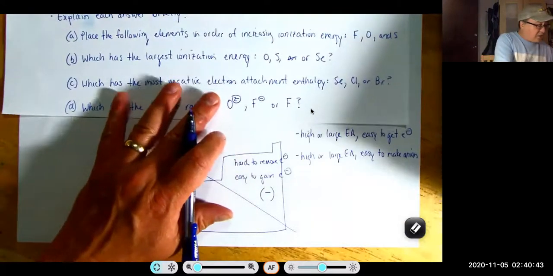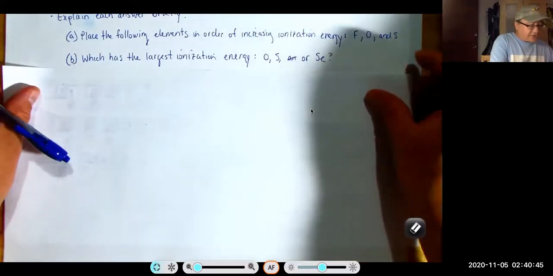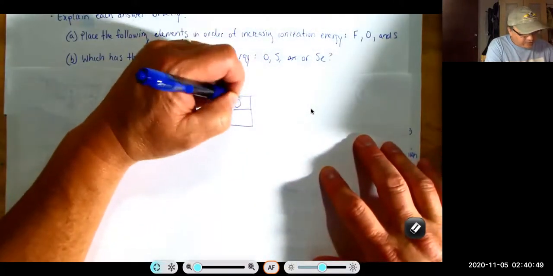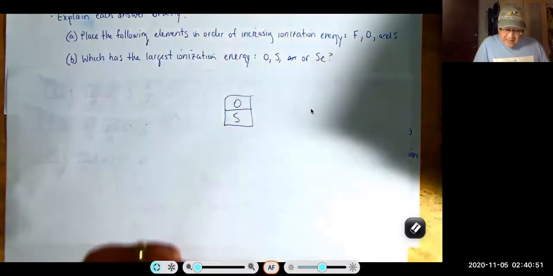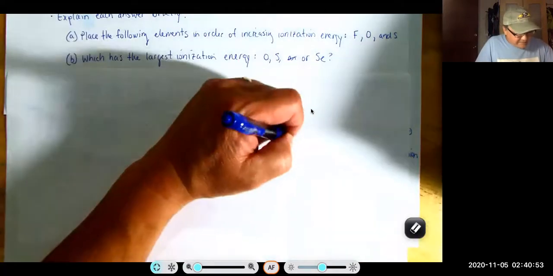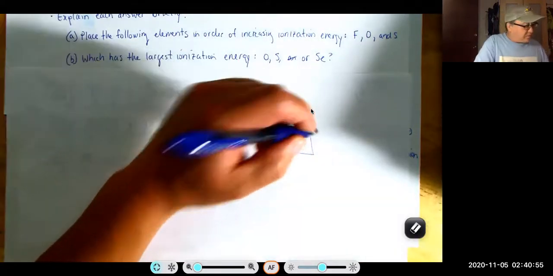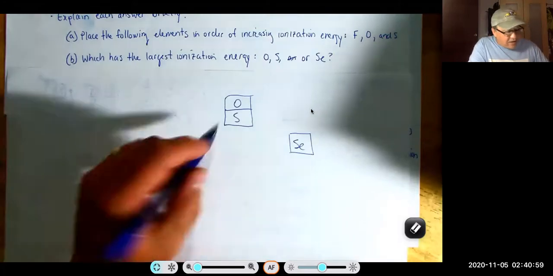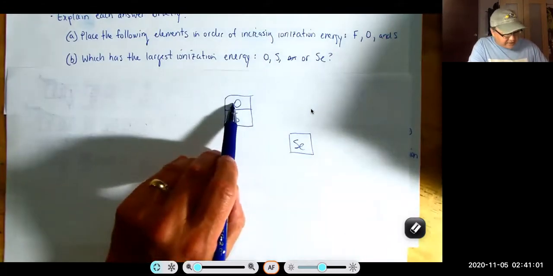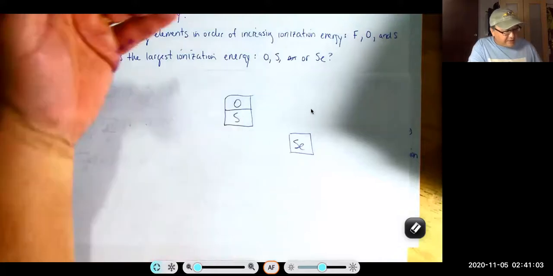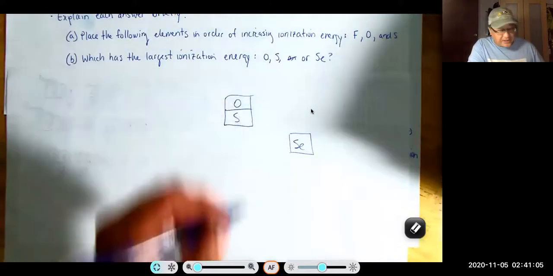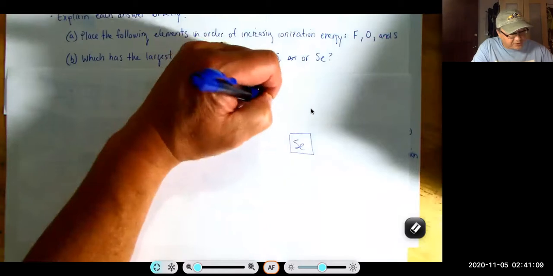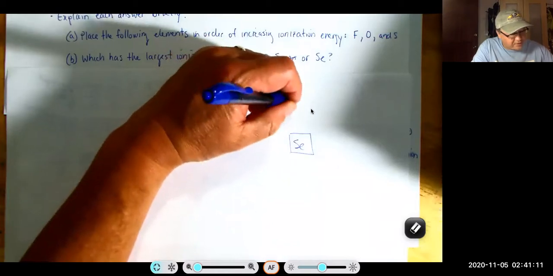Which has the largest ionization energy, oxygen, sulfur, or selenium? So here's oxygen, here's sulfur, and here's selenium. So this is the one where it's harder to take an electron. Here, oxygen has fewer electrons. It's in a different period, so its outermost occupied shell is going to be smaller. So oxygen is 1s2, 2s2, 2p4.